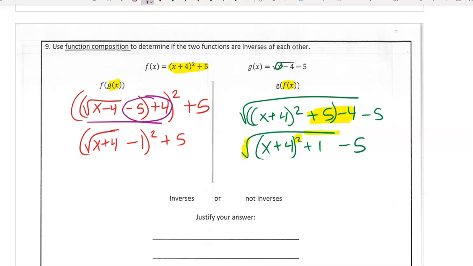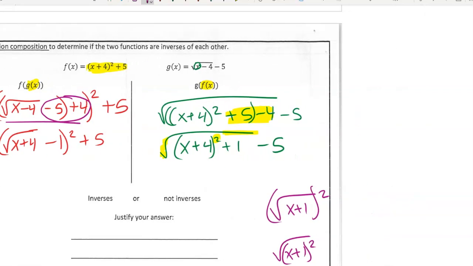The only time we can cancel out the radical with the 2 is when what is being square rooted, like for example over here, I'll draw you a picture, is also being squared, or maybe like this. If we have x plus 1 plus 3, this is being squared and that whole thing is being rooted, this will not cancel out because the 3 needs the root still.